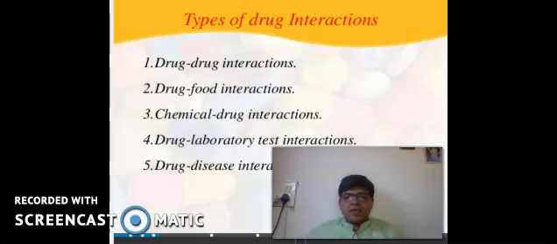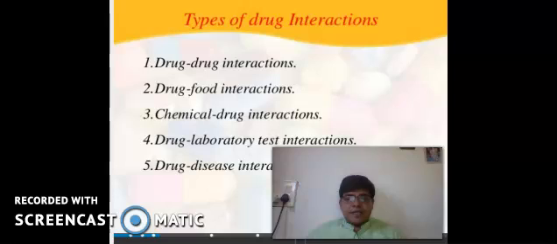Next is chemical drug interactions. Many chemicals are used in our pharmaceutical dosage forms, like binders, excipients, colorants and flavors, so chemical drug interaction is important.